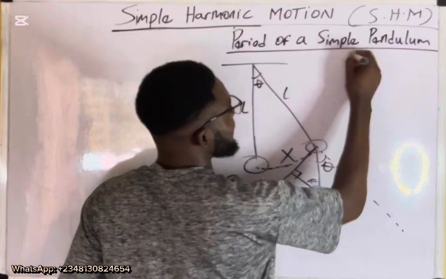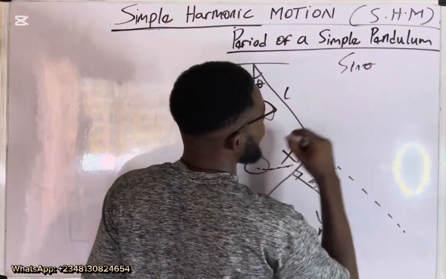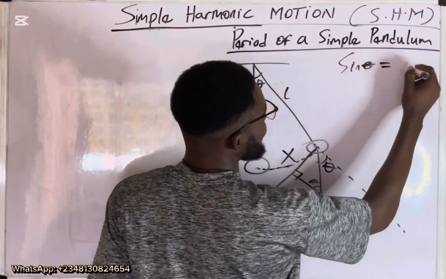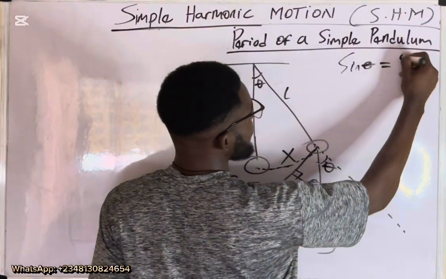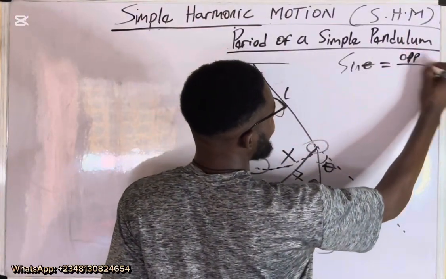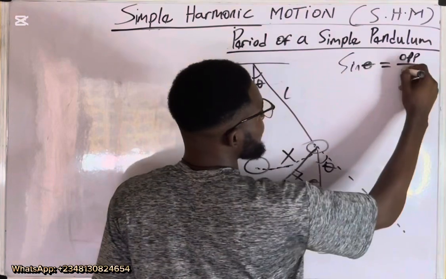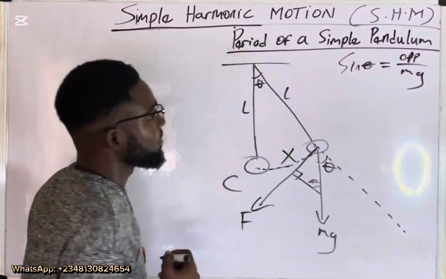That is sine. So sine theta is equal to opposite over hypotenuse, which is mg.